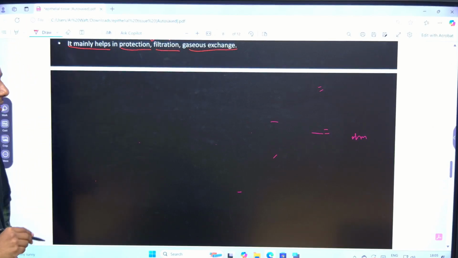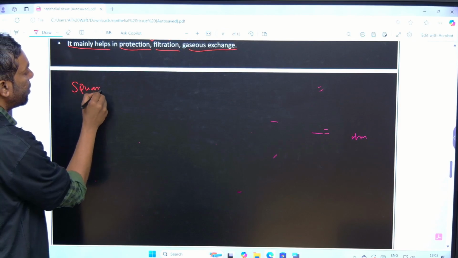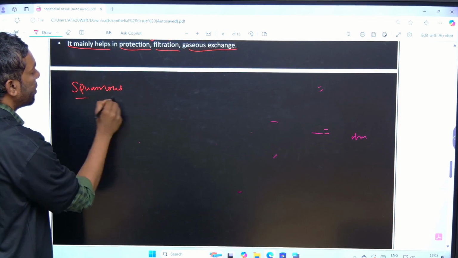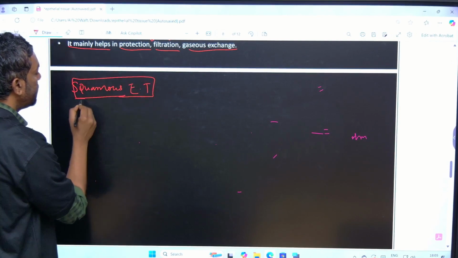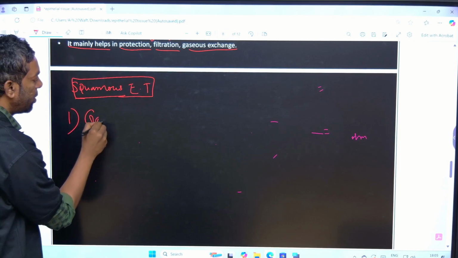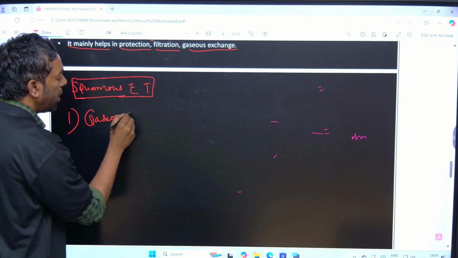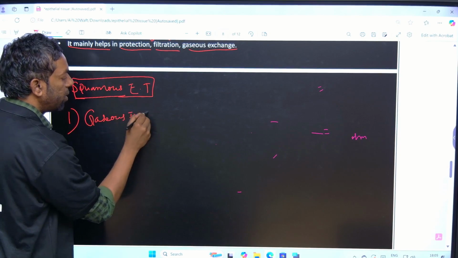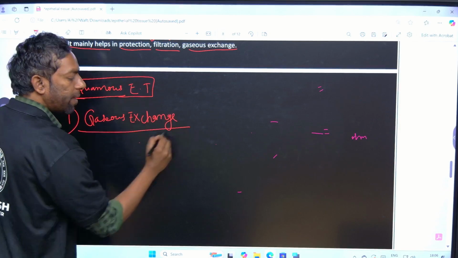Okay, gaseous exchange, squamous epithelial tissue. The first function is gaseous exchange. Where?